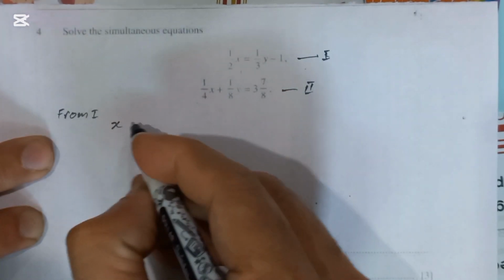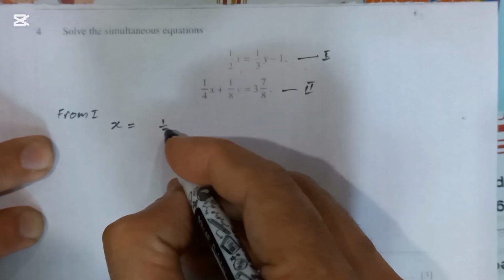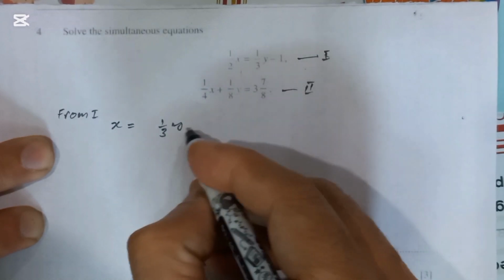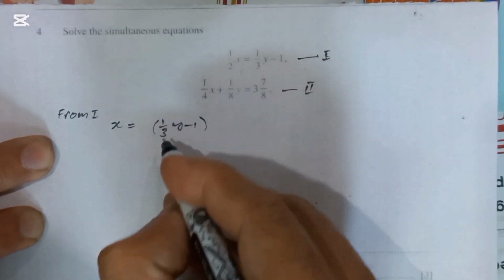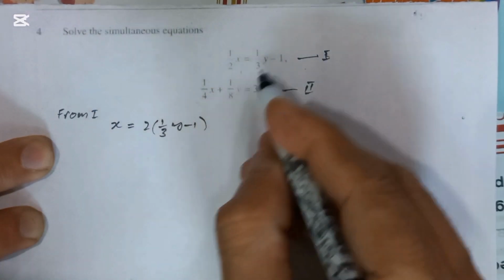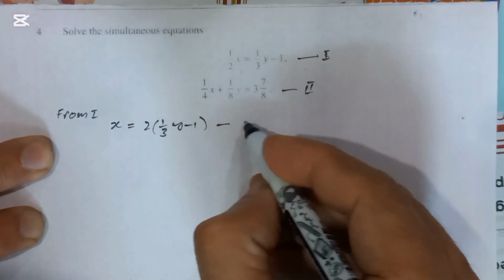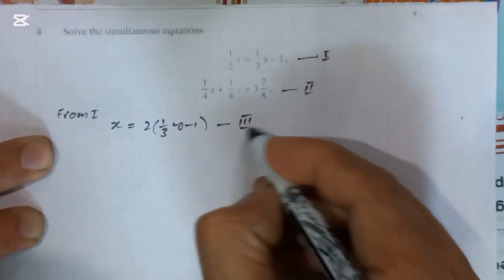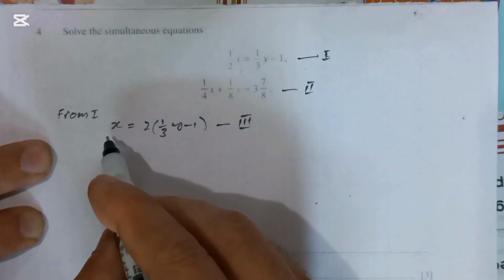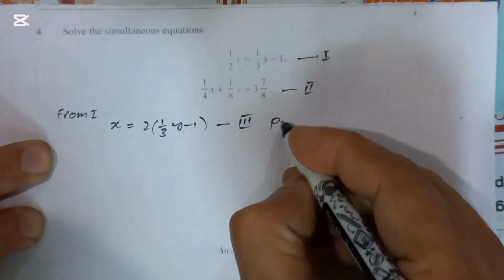So for example, look here now, x is equal to 2 by 3y, minus 1 will remain as it is, and this 2 will be shifted to the right side, it will be multiplied by the right side. So x is subject now. So call this equation number 3, because we have made the subject x from equation number 1, so put it in equation number 2.